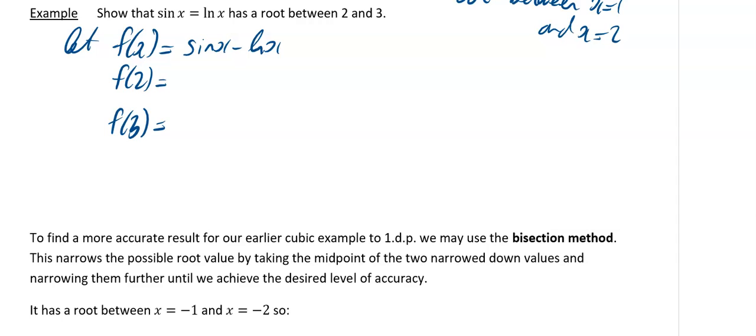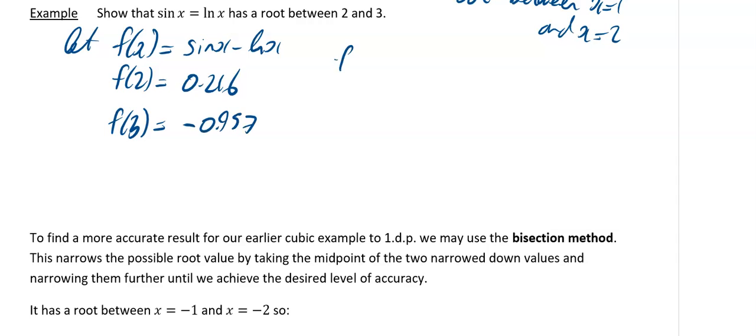When you put f of 2 through, that's sine on your calculator in radians mode, remember. So sine of 2 minus ln of 2, you'll get 0.216. You'd use the same for 3, so sine of 3 minus ln of 3, you'll get minus 0.957.